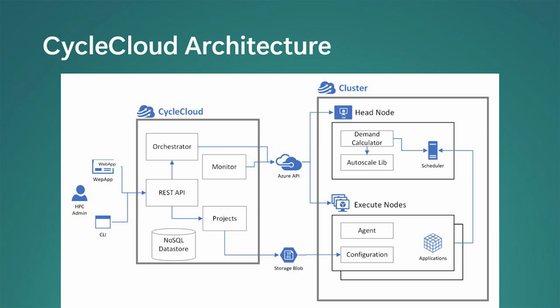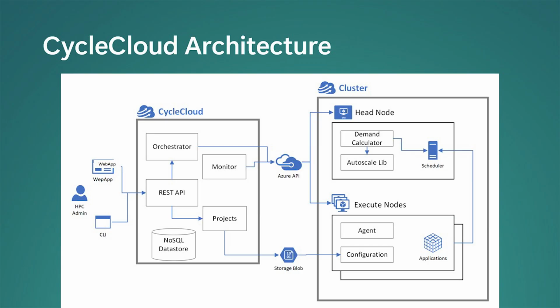So CycleCloud itself consists of the REST API, like I just mentioned, an orchestrator, which is the piece that talks to Azure to deploy and manage the VMs themselves. There's a monitor component that keeps tabs on what VMs are still running. So after the initial request comes in, make sure that everything's still running, still healthy. If anything has happened, it reflects that back to the IT administrator or the cluster administrator.